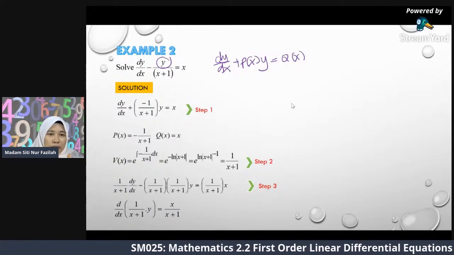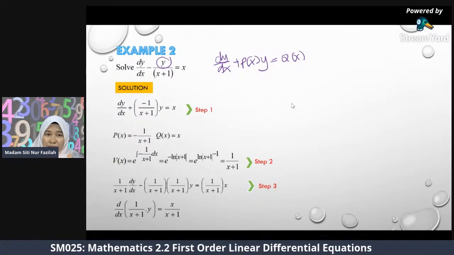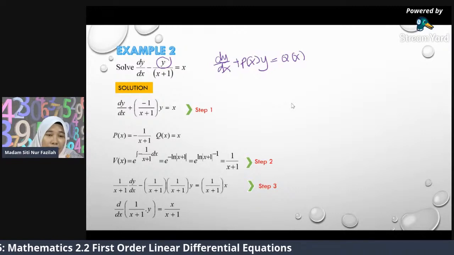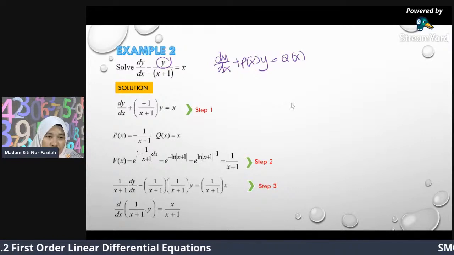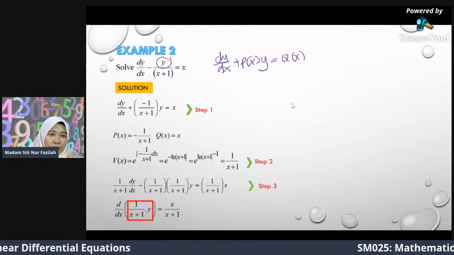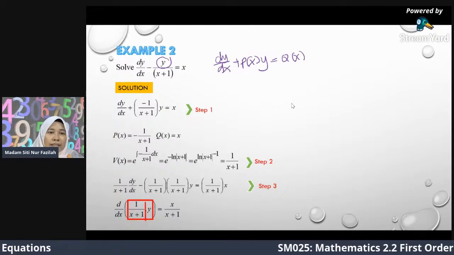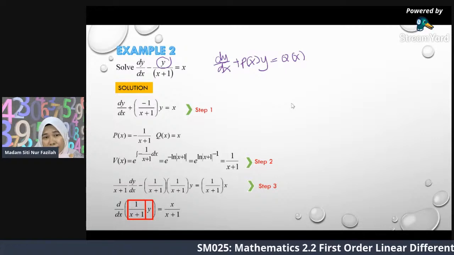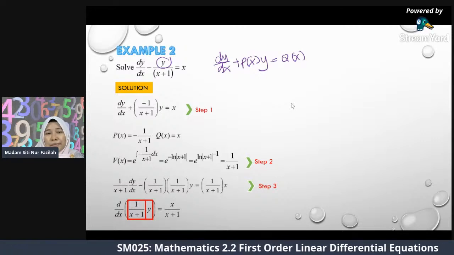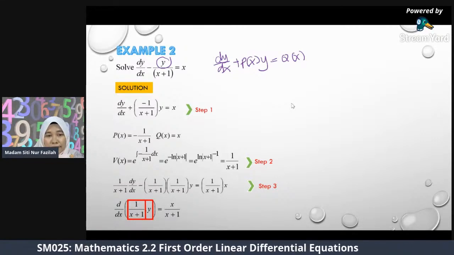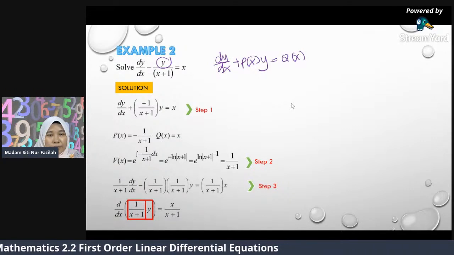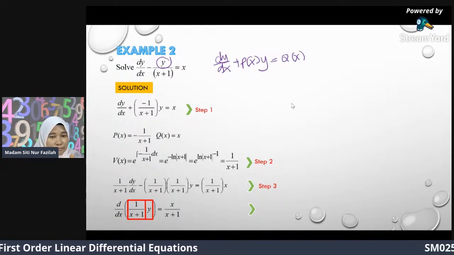Simplifying the right side, we get x over x plus 1. Make sure we get the correct right side here. This is step 4.